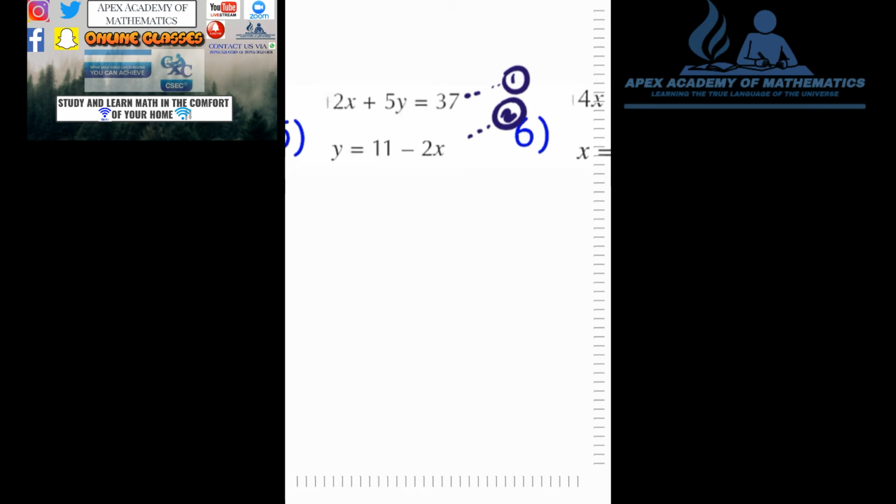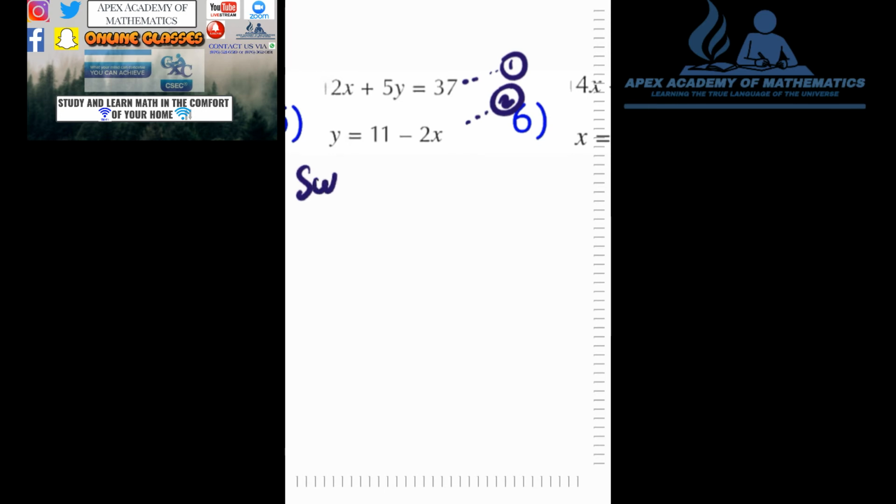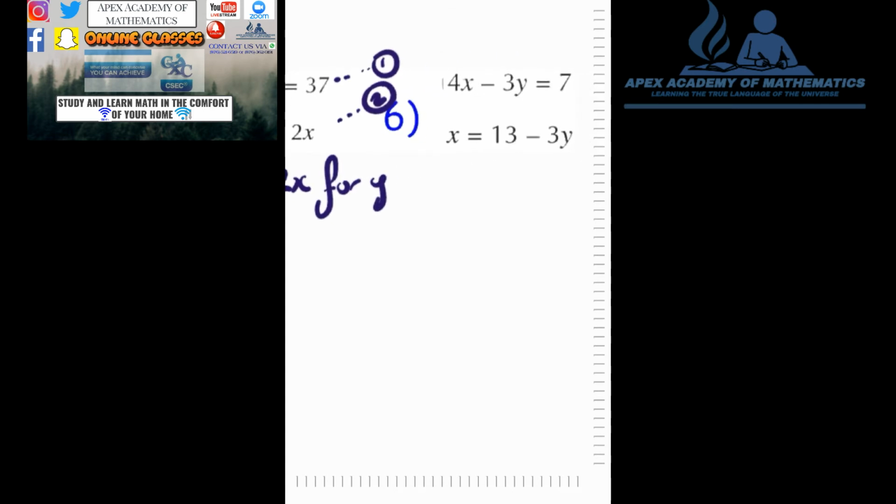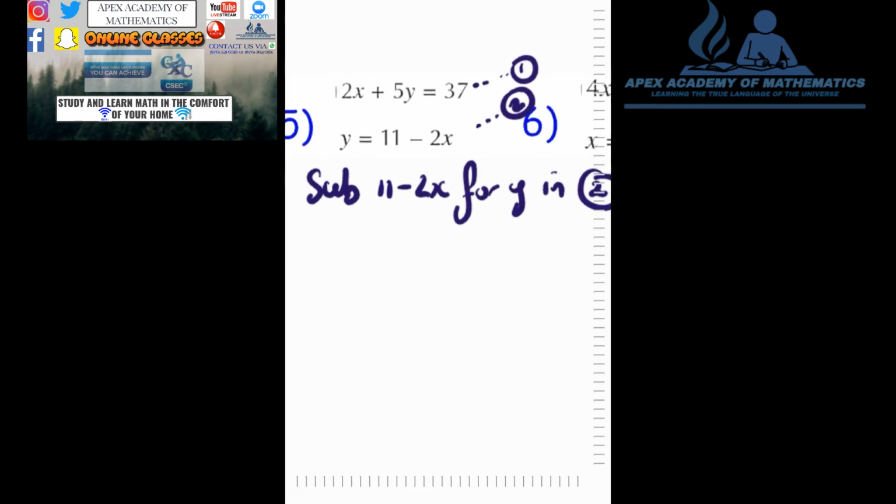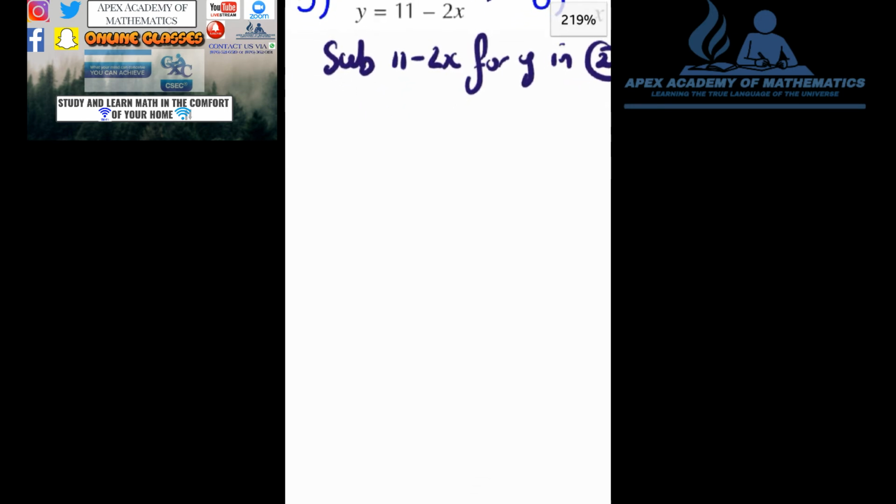We're going to sub 11 minus 2x for y in equation 2. Equation 2 is pretty much acting as my equation 3. I did not need a third equation, as I said to you before, because we already have the variable as the subject that we want. Okay, let's get into it.